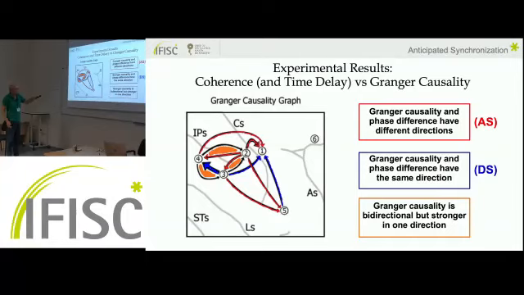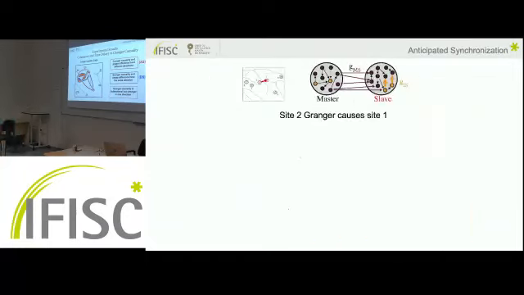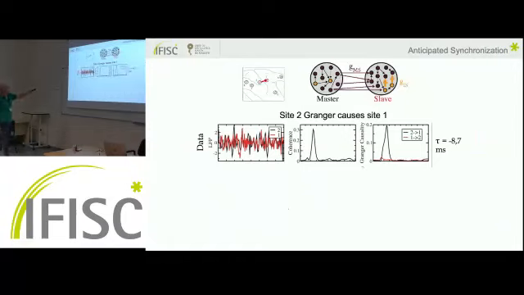I go from region 2 to region 1, which is red, meaning that 1 activates before 2, but the Granger causality is positive. Now we realize that we didn't need three populations because we already have inhibitory neurons in the receiver population, and we can play with the value of the inhibition here. This is what we got from the experiment. The data, this is the local field potential, the average membrane potential of the population.